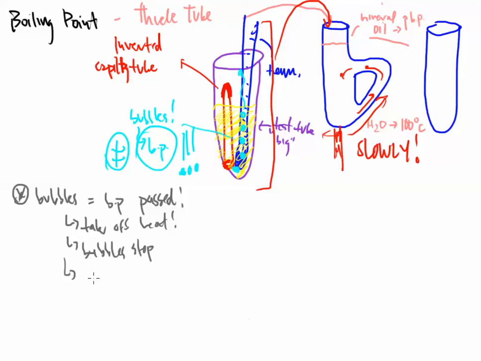When the bubbles stop, what I will see is my liquid will actually be sucked up into the capillary. So at that point, this liquid that's in here, when I take the heat off, is going to start to cool down. And when the liquid begins to cool down, then the pressure kind of equalizes all over again. And there's going to be a certain point where my liquid will go whoop up into the capillary.